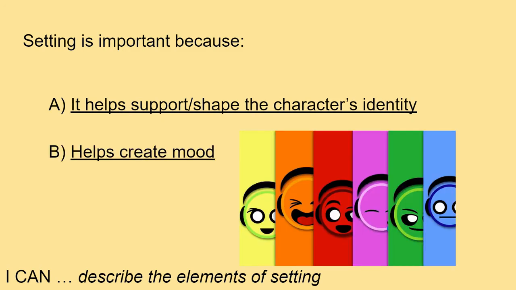Setting also helps create mood, like I was talking about a moment ago. A dark forest on a rainy night is going to create a different sort of mood for the audience than a bright, sunny spring day out in a meadow with flowers and green grass. Okay. It just is going to feel a little bit different.